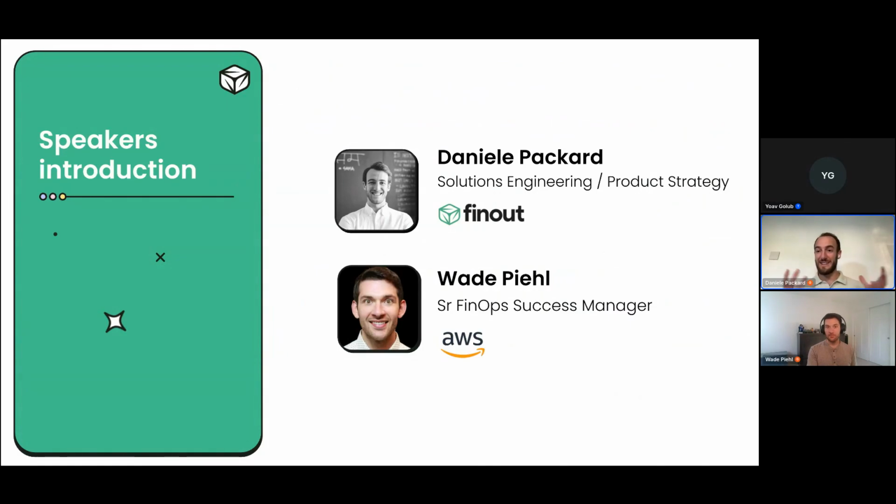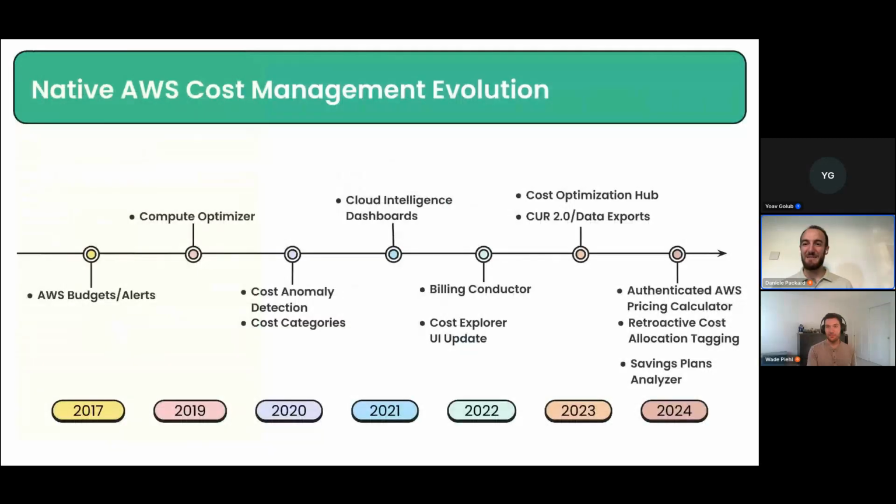So Wade is going to kick us off with contextualizing AWS's experience in cloud cost optimization. And he's the best person to provide this context, having been doing FinOps at AWS before FinOps existed. So I'll hand it to you, Wade.